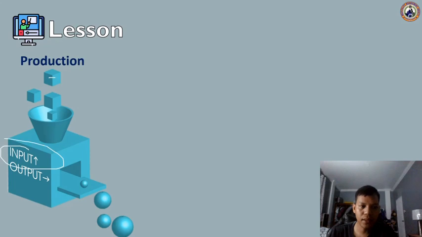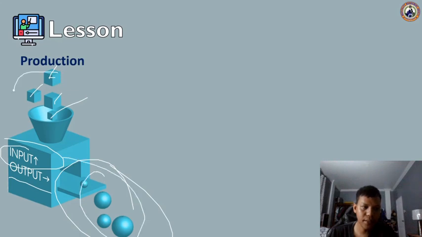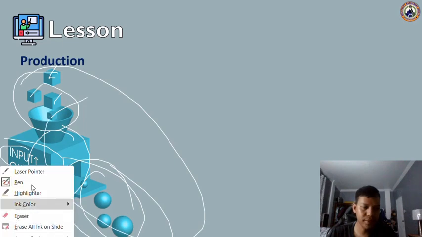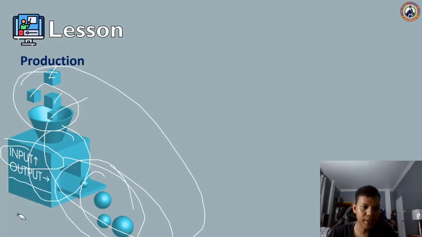The term input refers to the resources used to produce goods and services. Output refers to the product created as a result of the combination in the production process. So output is the result, the input is the required materials, and then it is processed. Overall, it is called production. I hope that it is clear.